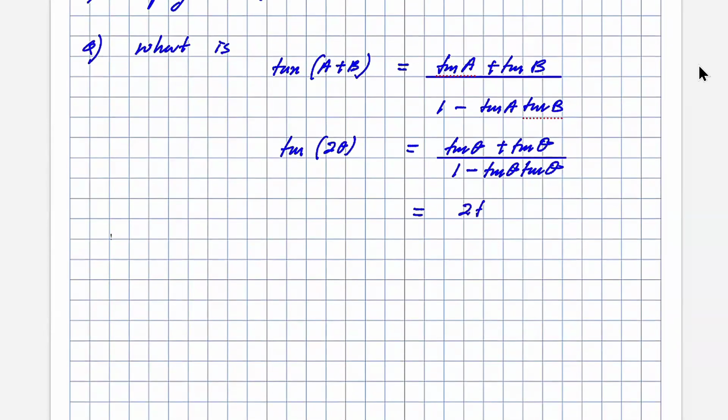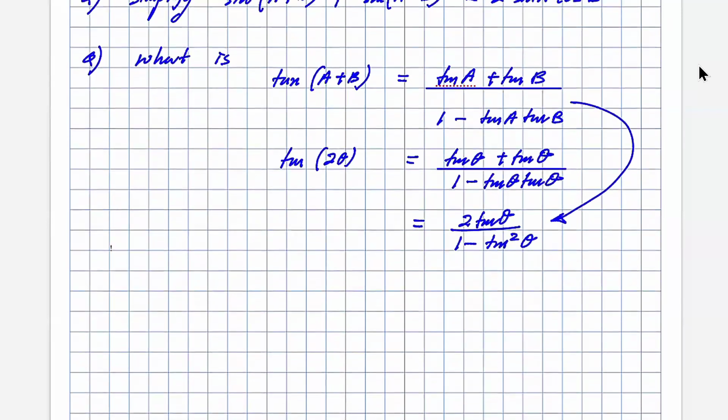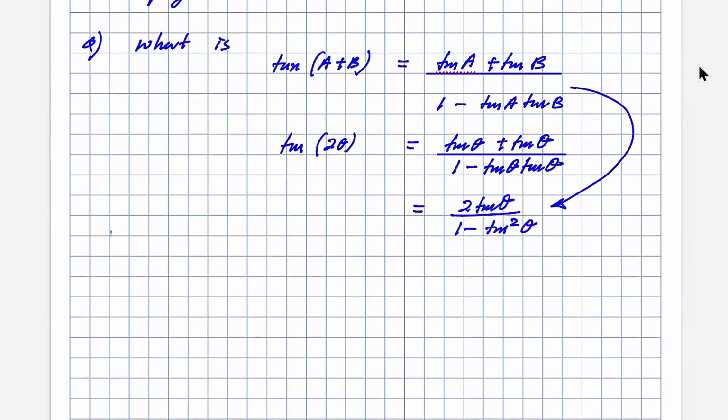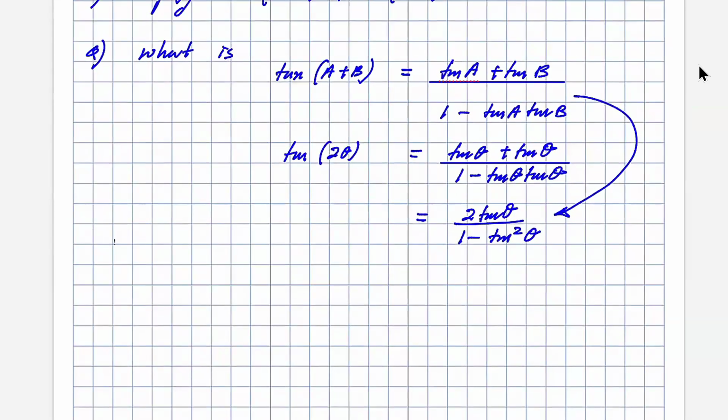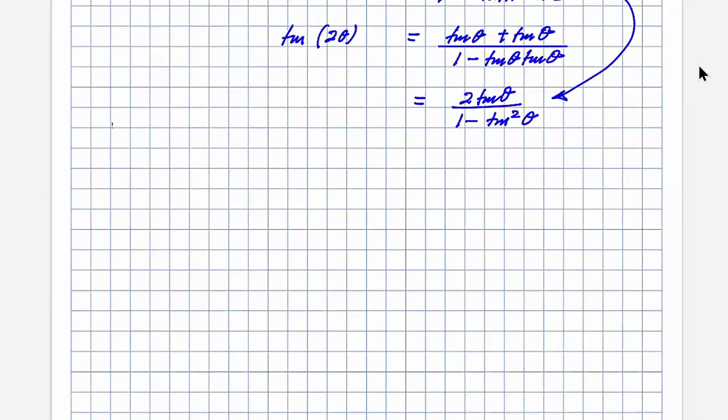It's going to be 2 tan theta divided by 1 minus tan square theta. You should be able to go from here to here, right? Good. Okay. Next one.